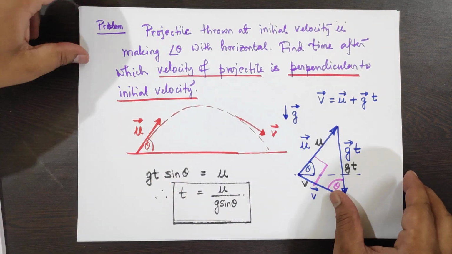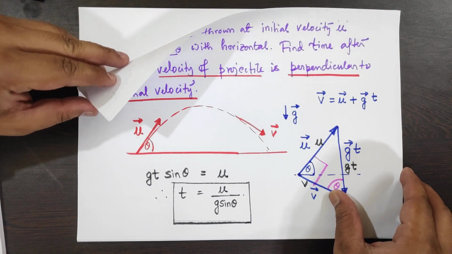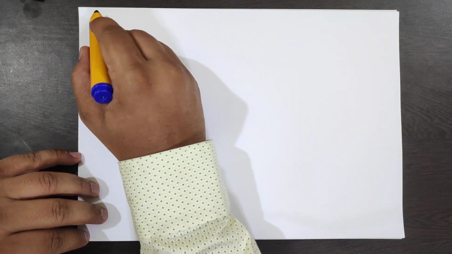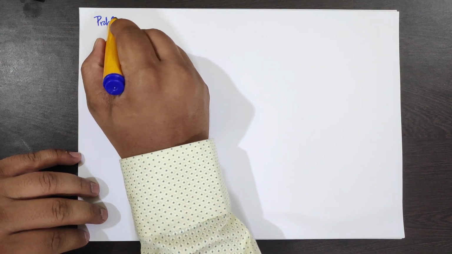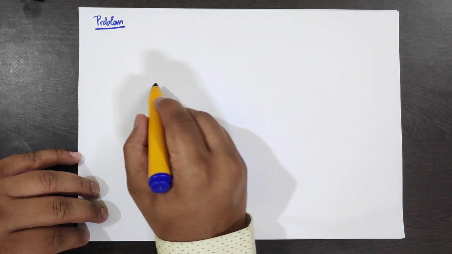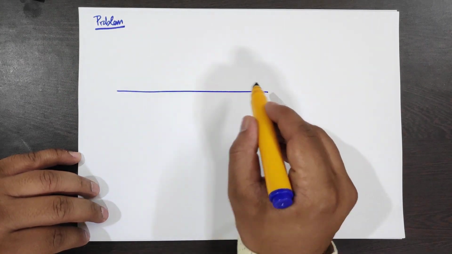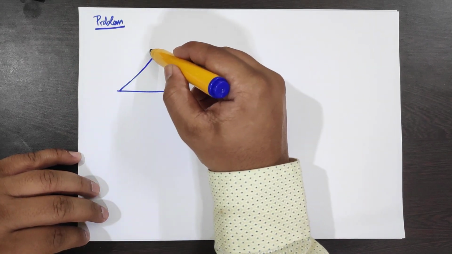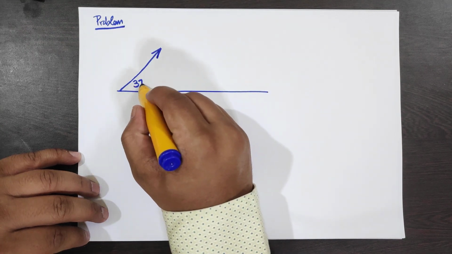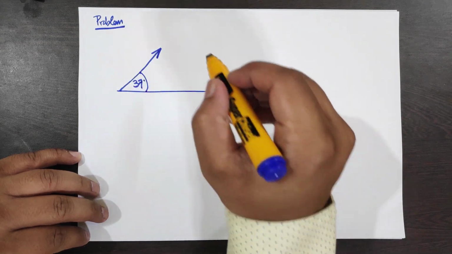Now let's do some more problems on projectile motion that will make our concept clearer. Problem number 2 of this lecture is like this. Let me complete the diagram first.